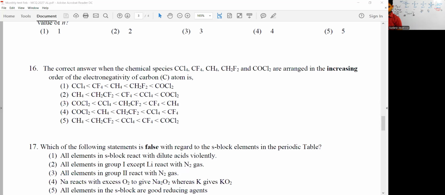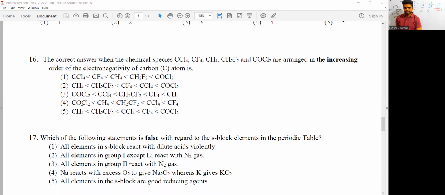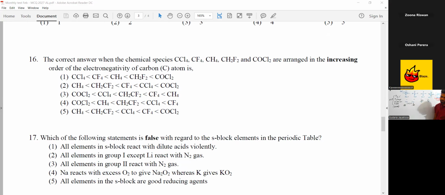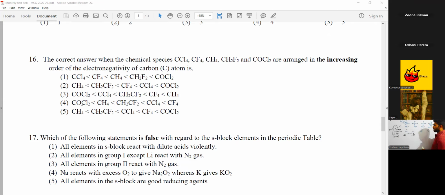So what is the answer? Starting from CH4, you have two answers, and it is answer number 5. How many of you got answer 5? Can you see hand raise? Okay, good.